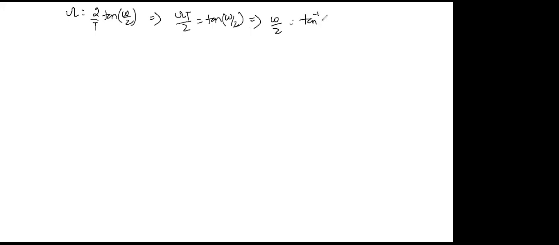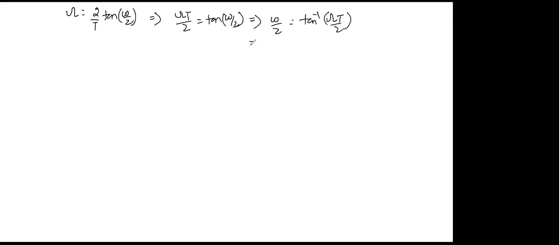Now come to another observation. This capital omega equals 2 by T tan of small omega by 2. Then we can write capital omega T by 2 equals tan of small omega by 2, or you can say that small omega by 2 equals tan inverse of capital omega T by 2.